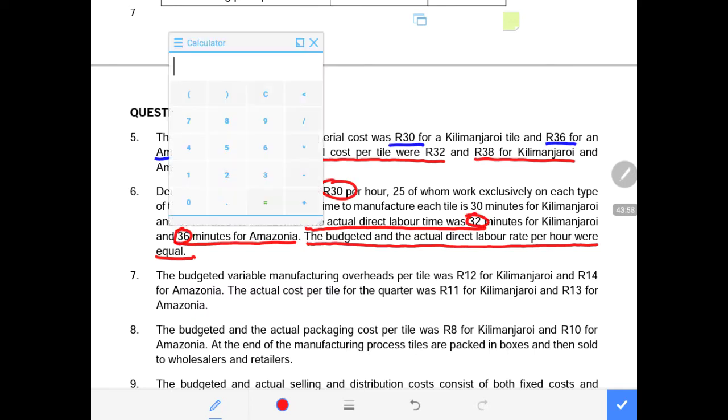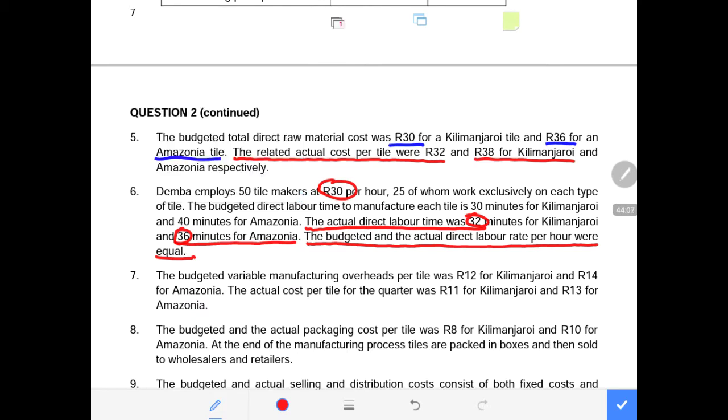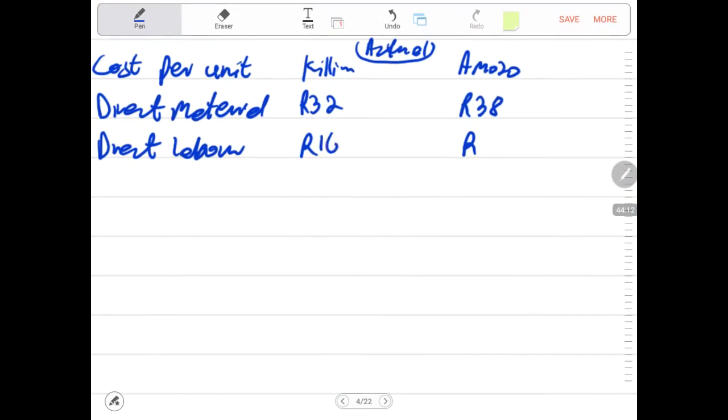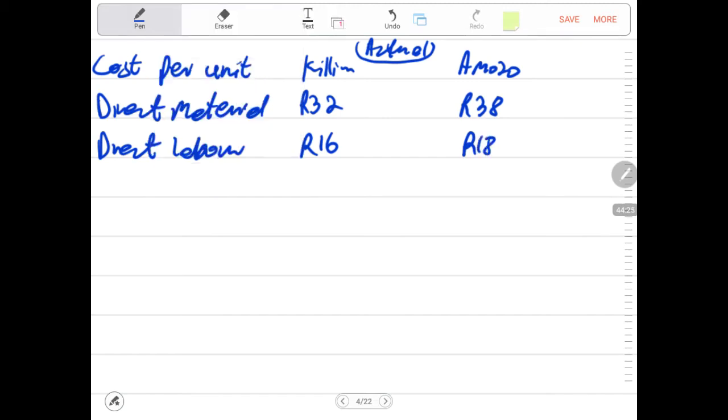That means what will be the direct labor actual time cost for each product? It will be 32 divided by 60, multiplied by the rate per hour, which gives me 16 rand, 15.99, so I'll round it off to 16 rand. The second one is 36 over 60, multiplied by 30 rand, which gives me 18 rand per unit, meaning the rate per hour multiplied by the time it took to complete the product.